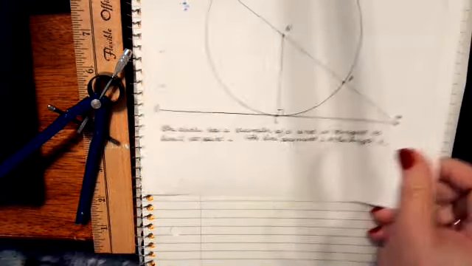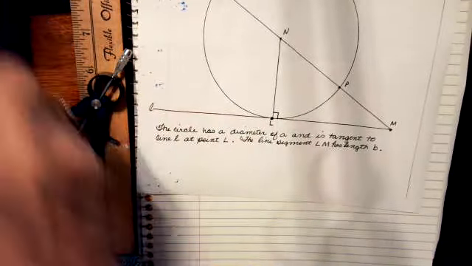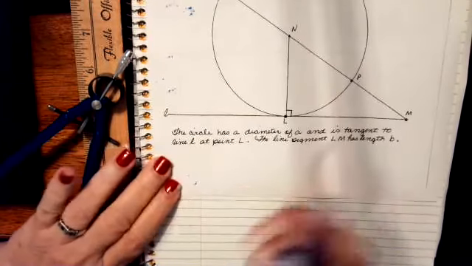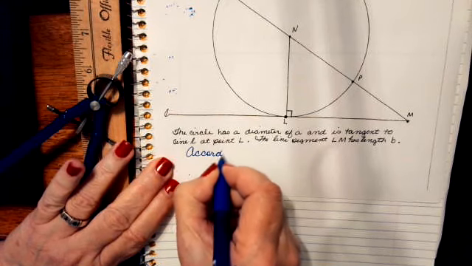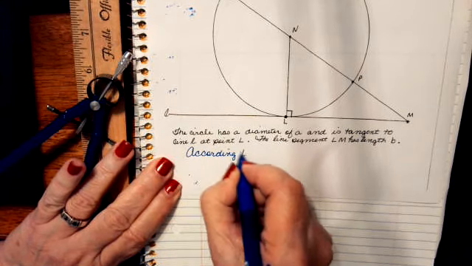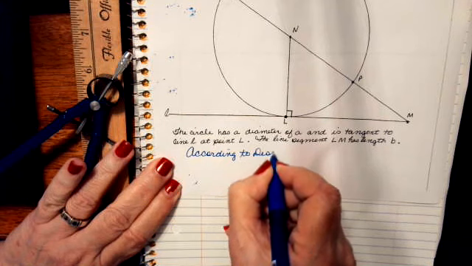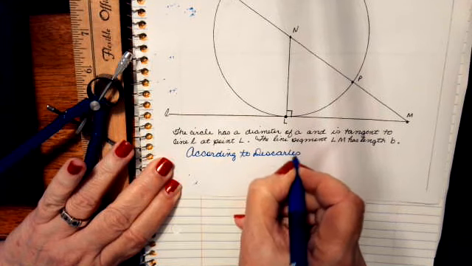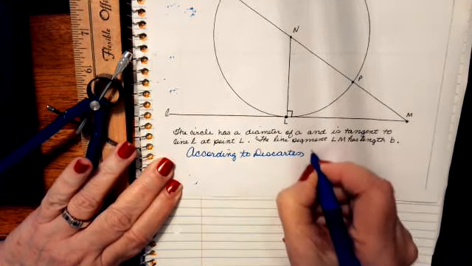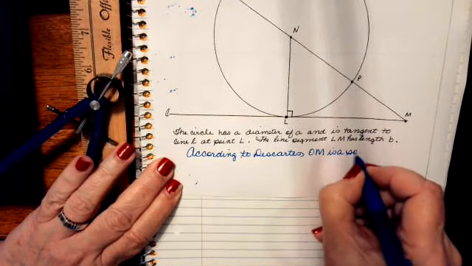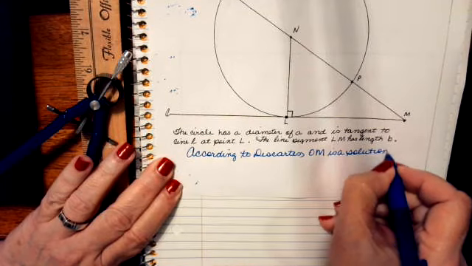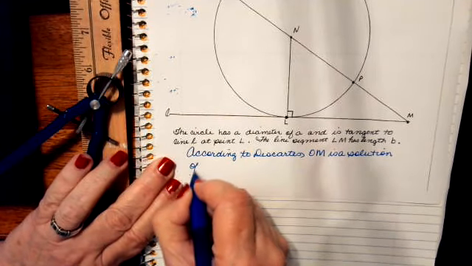So here's the deal. According to Descartes, OM is a solution of our equation.